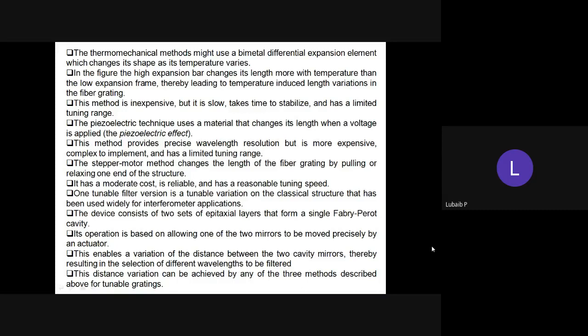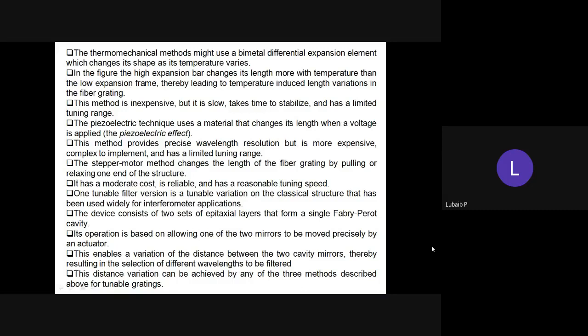Due to this change in fiber Bragg length or fiber length, we can produce a delta lambda. This delta lambda corresponds to the change in delta lambda c, that is, the change in the center frequency. That's why we can tune to a particular wavelength by using this method.